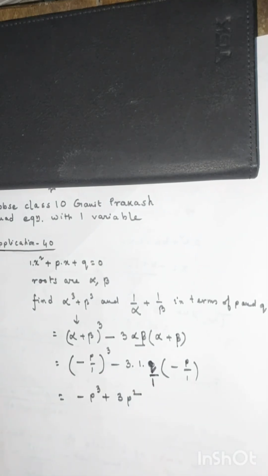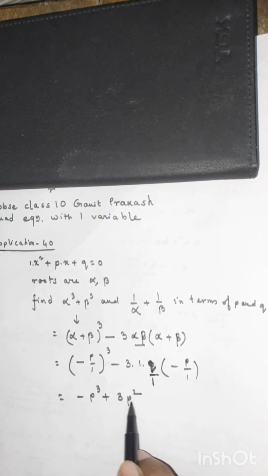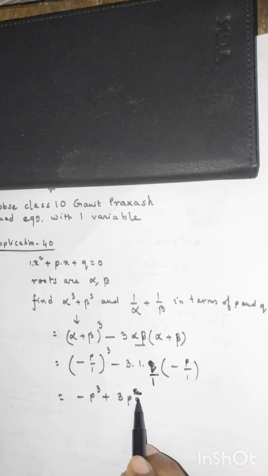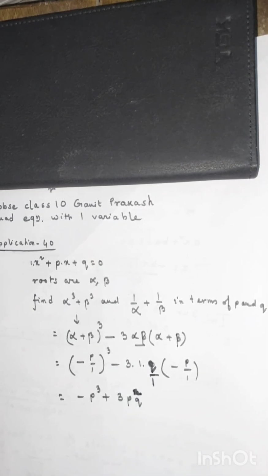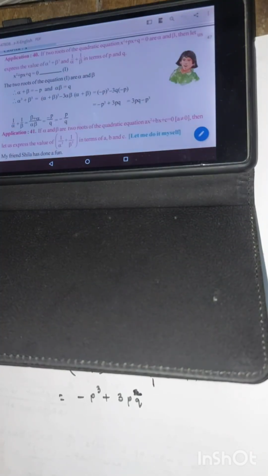Okay. So this is our value of alpha cube plus beta cube.